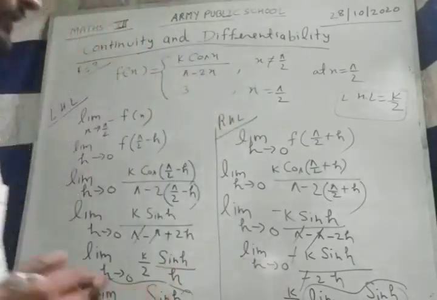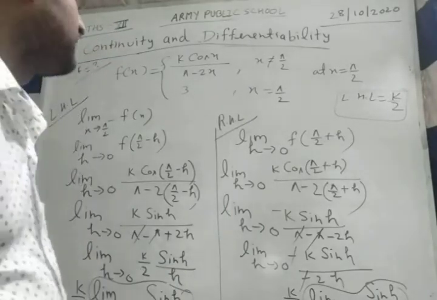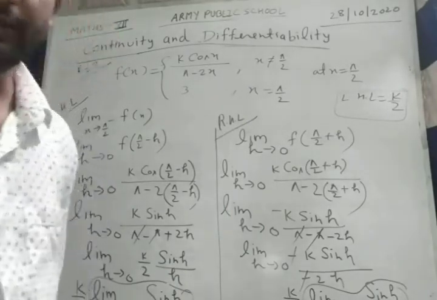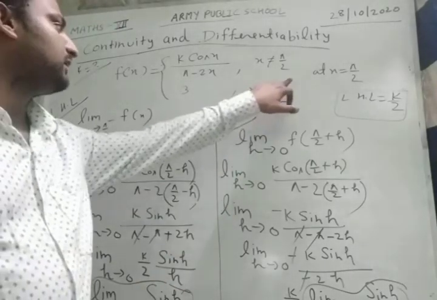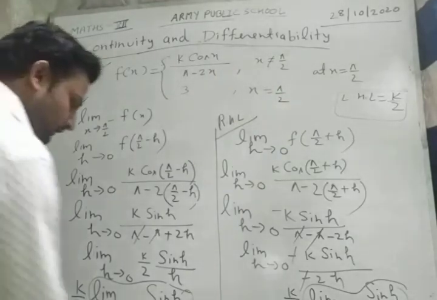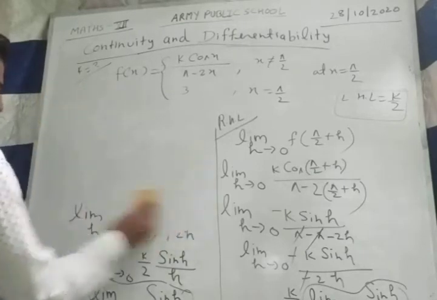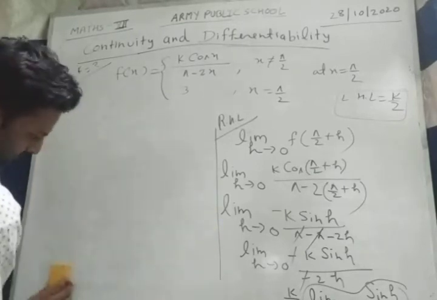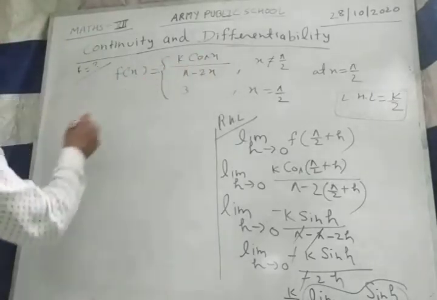The right hand limit is k by 2 and left hand limit is k by 2, and value of the function is what? At pi by 2 is 3. So now we will equate these. So the function is continuous.